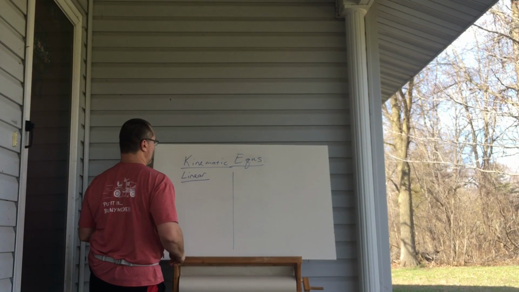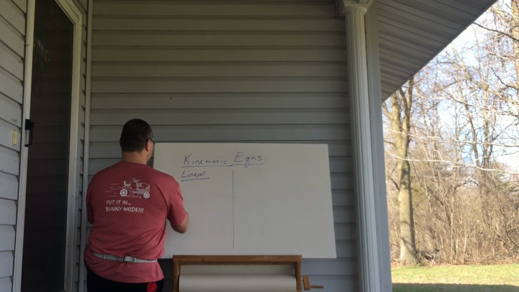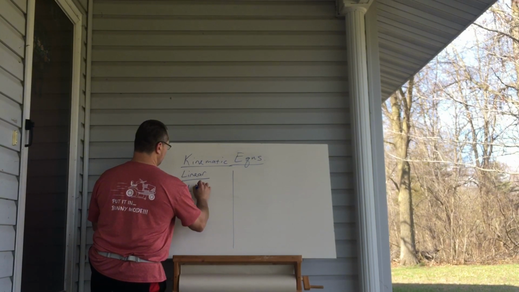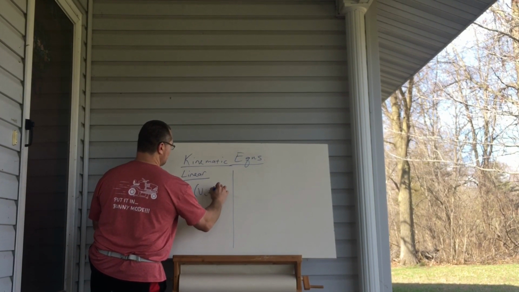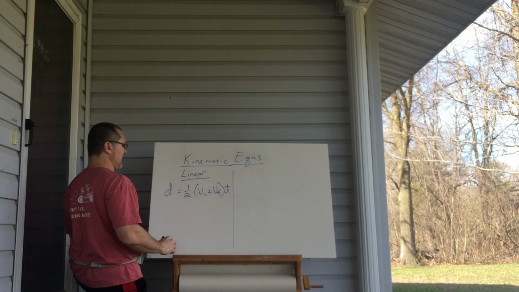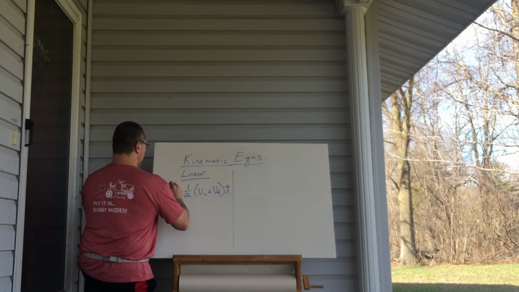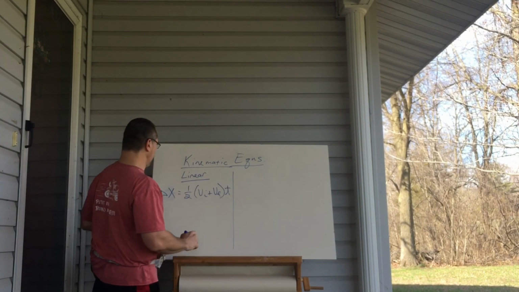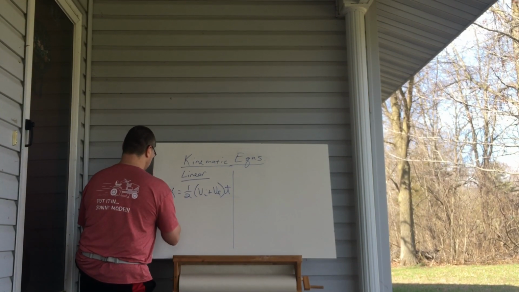Number 1: distance equals 1/2 (Vi plus Vf) times time. I think we first started it off as the change of x. Remember, everything's changing here.